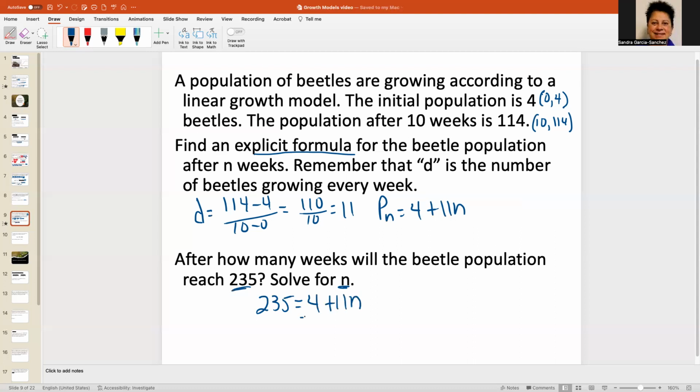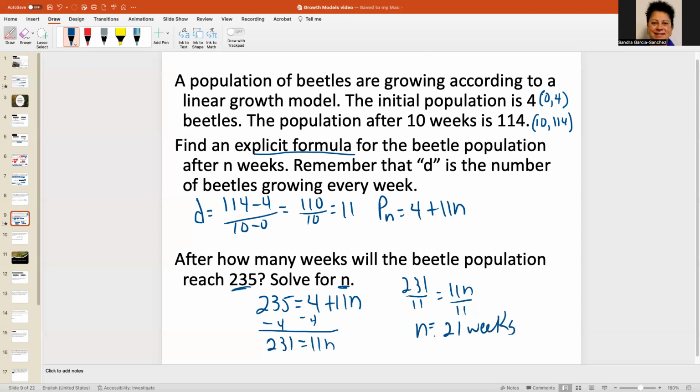So I'm going to subtract 4, and that is going to give me 231 equal to 11n. So now I divide both sides by 11. And now n gives me 21 weeks.